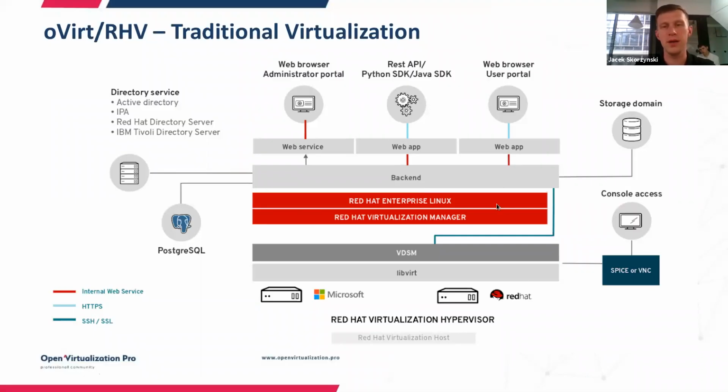The upper layer is our Red Hat virtualization manager. The same goes for oVirt: the oVirt manager is equal to the Red Hat virtualization manager as the upstream project. This is the layer where we manage everything: our users, our virtual machines, our network, storage, and so on and so forth.